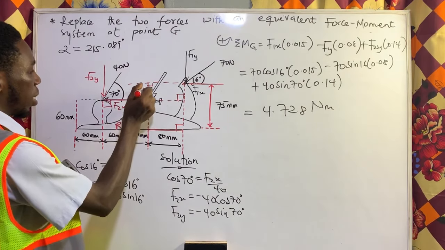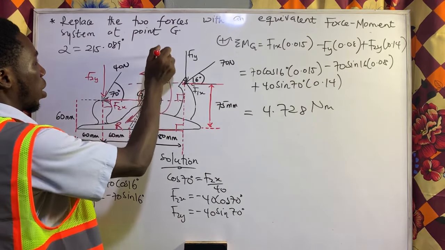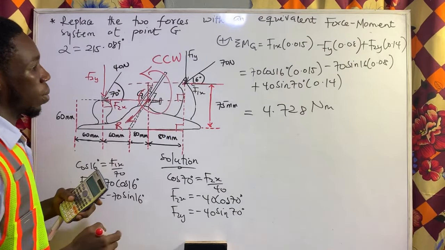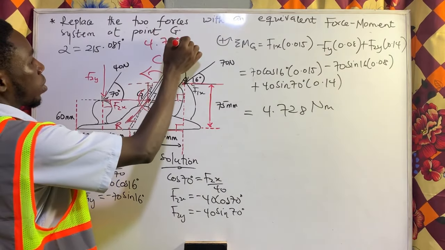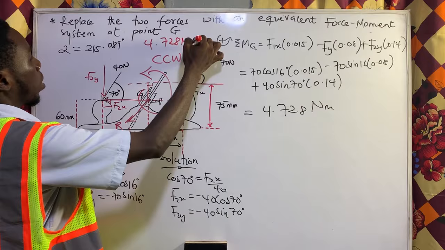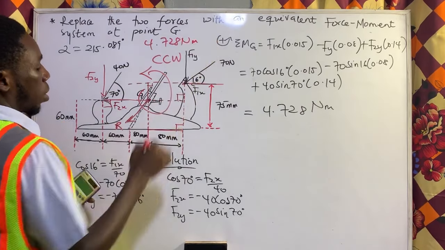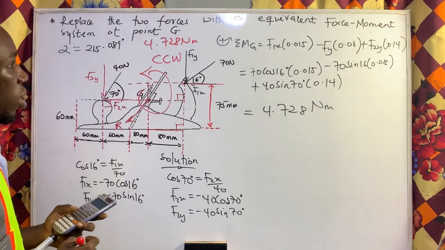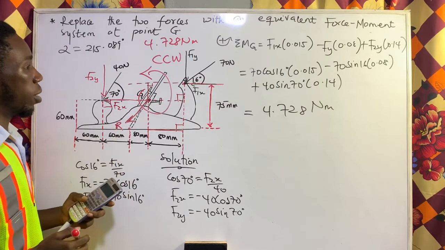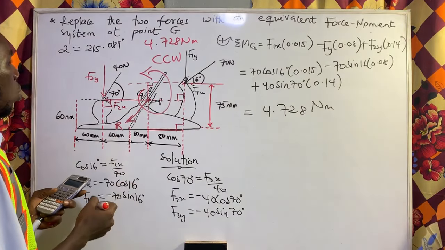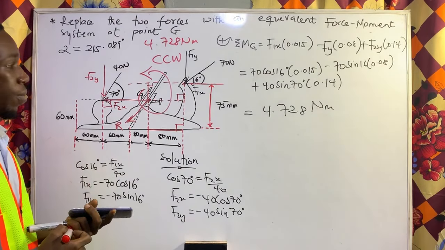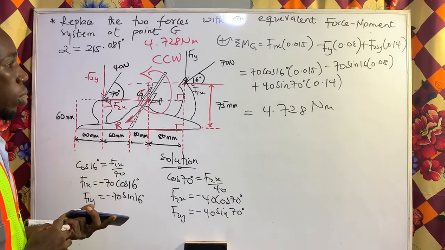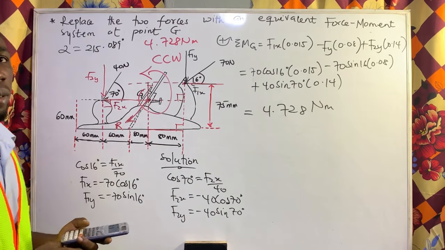Let's indicate it like this: counterclockwise, with a value of 4.728 Newton meter. Then you write the value of the force here and indicate the angle from the positive x-axis also. So this is how to go about this question.